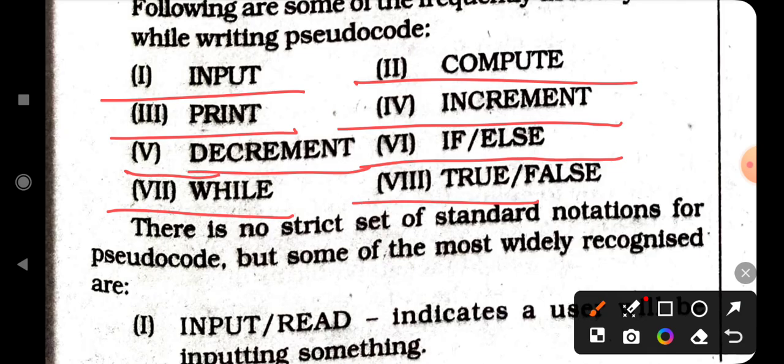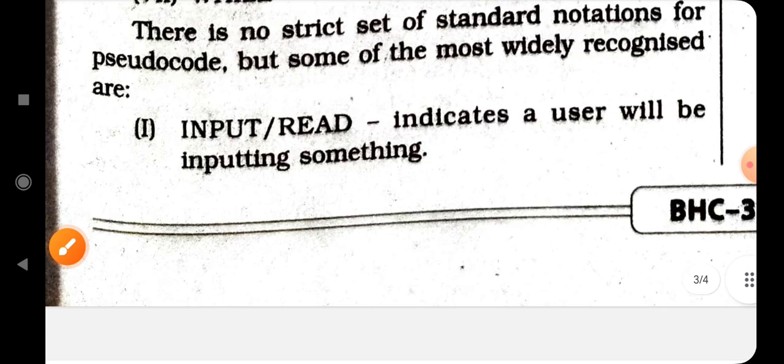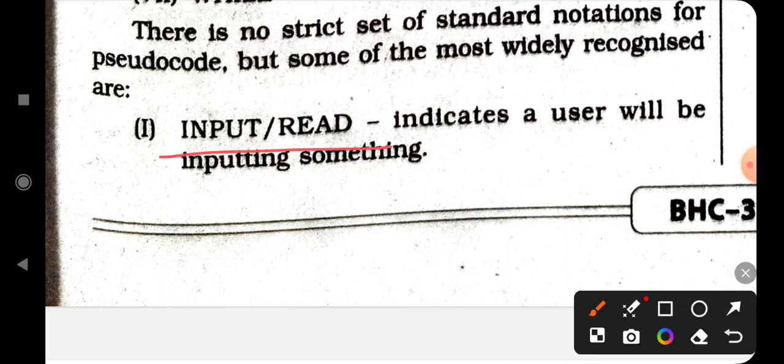There is no strict set of standard notation for pseudocode, but some of the most widely recognized are: first, input or read, which indicates a user will be inputting something.